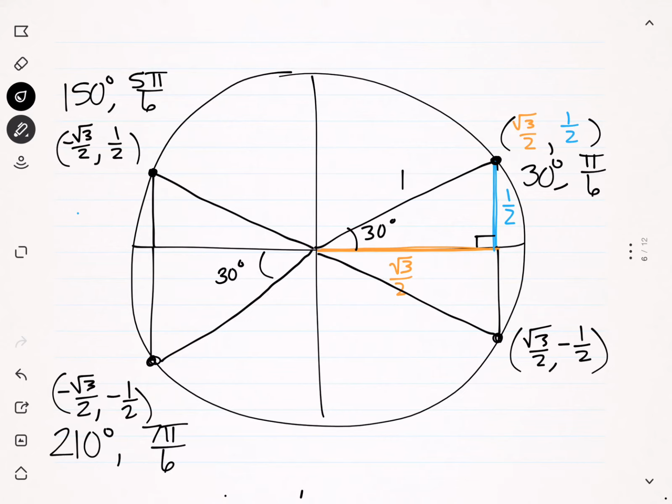And then lastly, this 30-degree reference angle in quadrant 4, we're 30 degrees below the positive x-axis. So that means we're 30 degrees less than 360. So that would put us at 330 degrees. And 30 goes into 330 11 times. So that would be the same thing as 11 pi over 6.